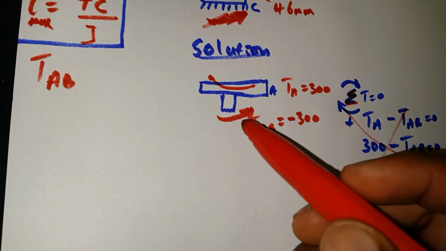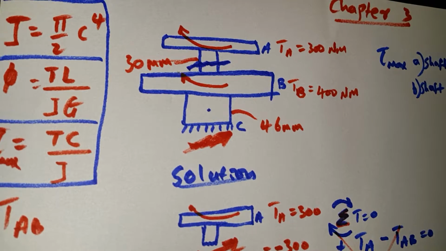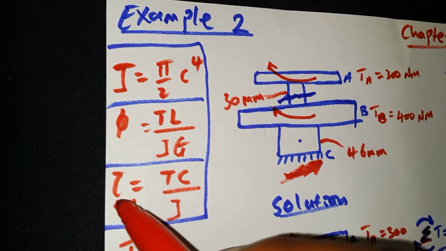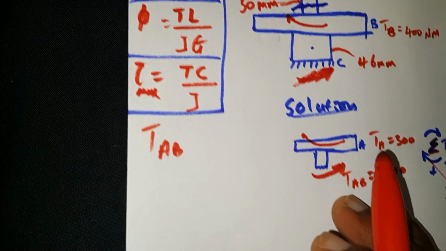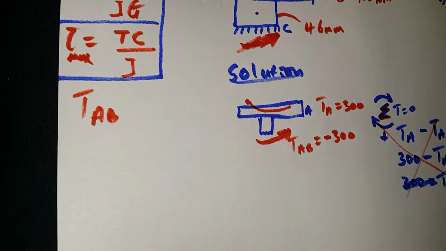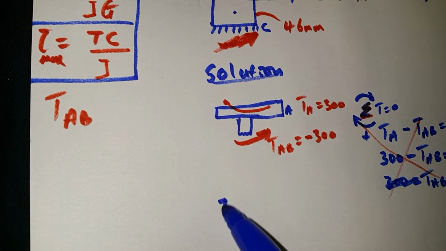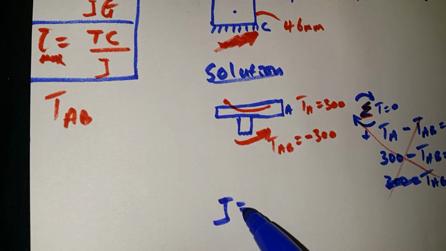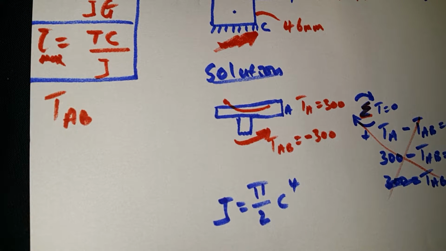So now we have found our TAB. So what do we need? C and J. So let's solve for J. From here, our J is equal to pi over 2 C to the 4.